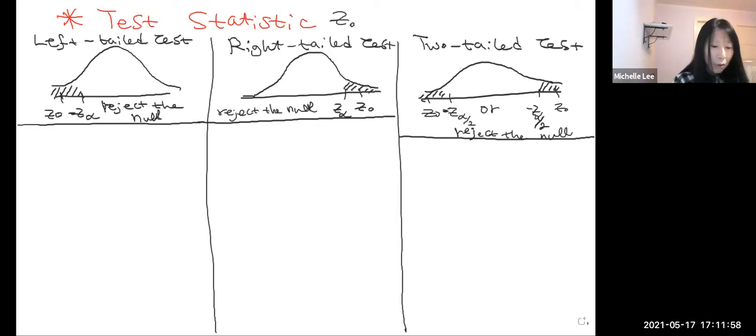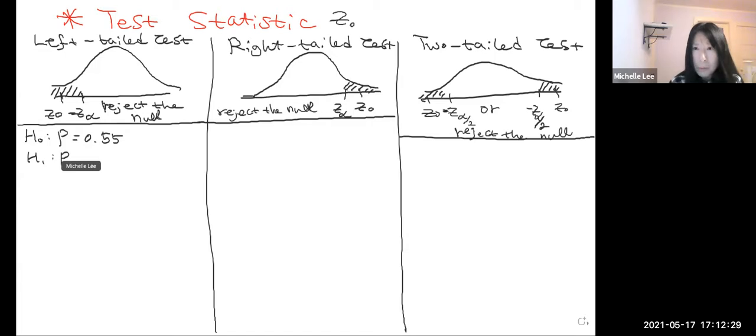Now, how do we find everything? Let us do, for instance, let's say the null hypothesis is population proportion p equal to 0.55, and the alternative hypothesis is population proportion p less than 0.55.